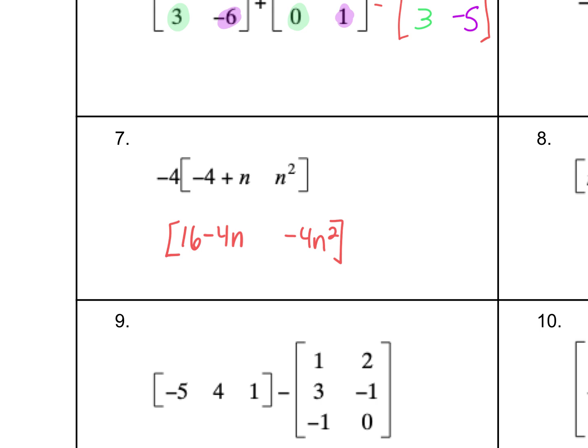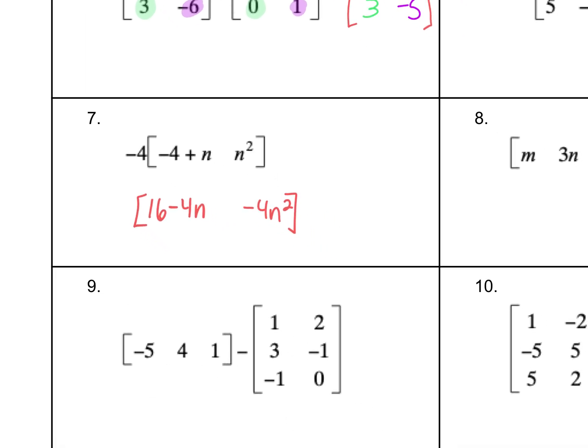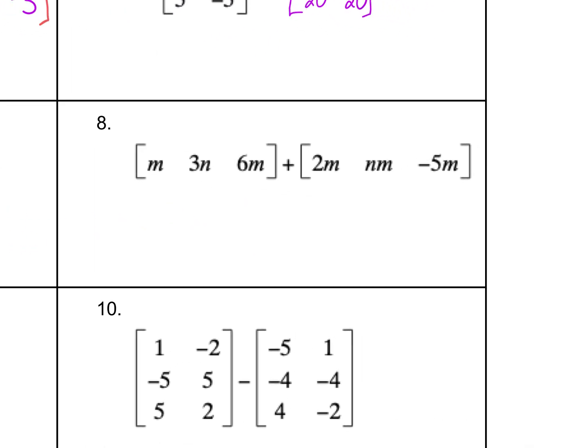Any questions on that? How'd we do? Okay. Number 8. Can I add these two? Yes. Okay. They have the same dimensions, right? Okay. So we look at our first element. m plus 2m. What's that going to give me? 3m. Thank you for not saying 2m squared.